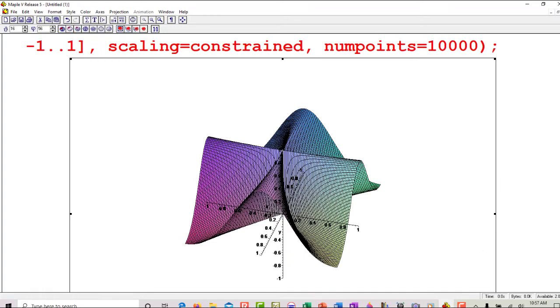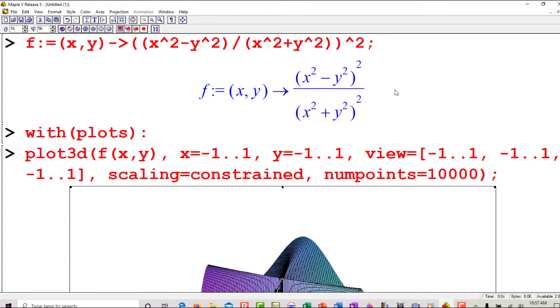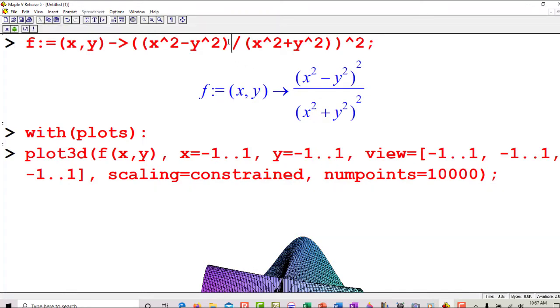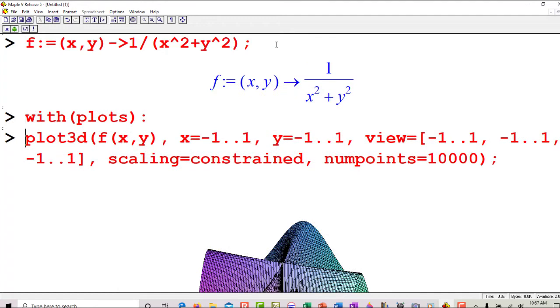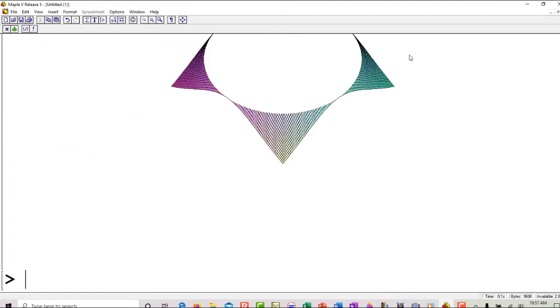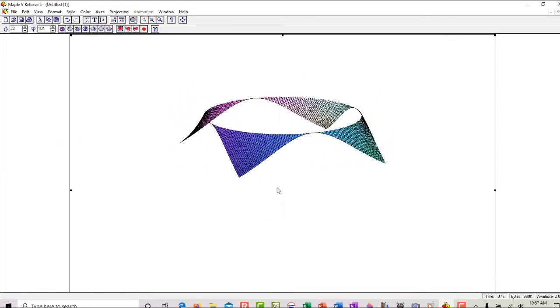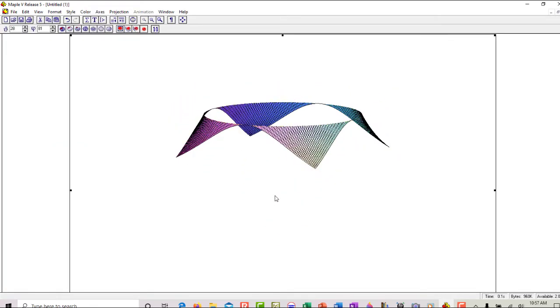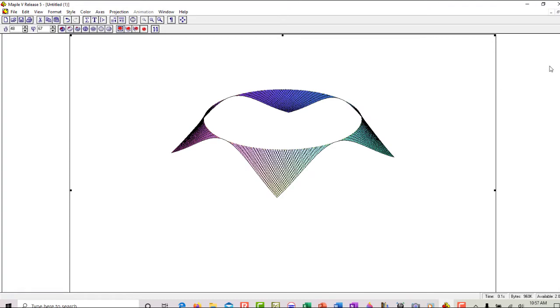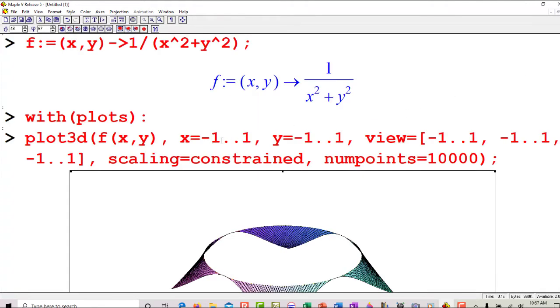I would like to look at a slightly different function as well. I'm going to take the numerator and replace it by 1. And the denominator is just going to be the quantity x squared plus y squared. What do you get now? Well, it might be a little hard to see from this particular vantage point. We're going to have to back out and view this from a slightly bigger perspective.